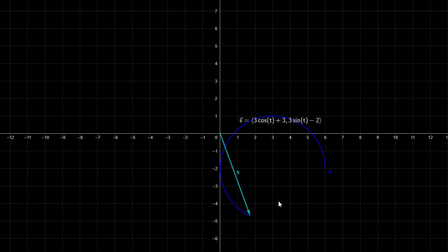If I were to put something slower in the t's, you'll see a slower travel along the circle. Here's a graph I've put together where I have this one in pink where I replace the t's with square root t's, and you can see how much slower it's going around the circle compared to our original one here.